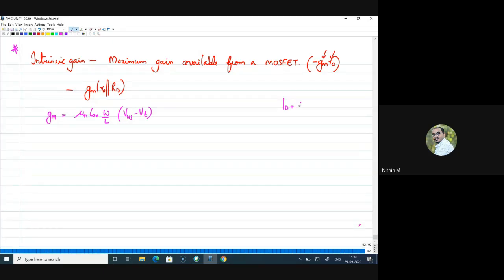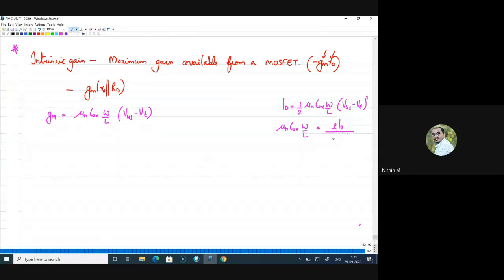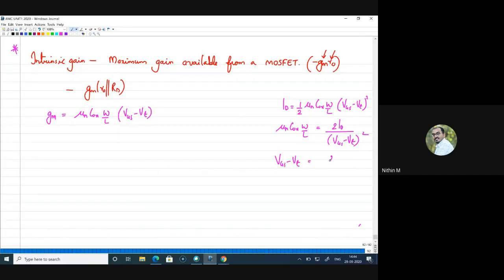I will look at the drain current equation of a MOSFET in saturation, which is half mu n Cox W by L into VGS minus VT the whole square. If I write mu n Cox W by L from this, that will be 2 ID by VGS minus VT the whole square. Or if I write VGS minus VT from this, then I can write it as under root of 2 ID by mu n Cox W by L.